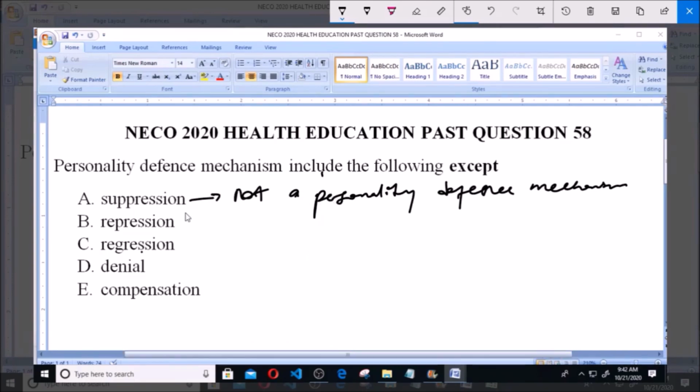Now option B here says repression. Repression simply refers to this: instead of facing your anxiety or facing challenges, one might unconsciously choose to hide them in hopes of forgetting them entirely.